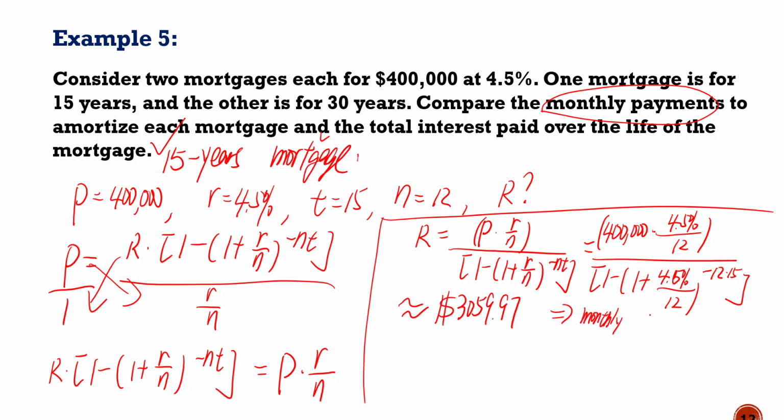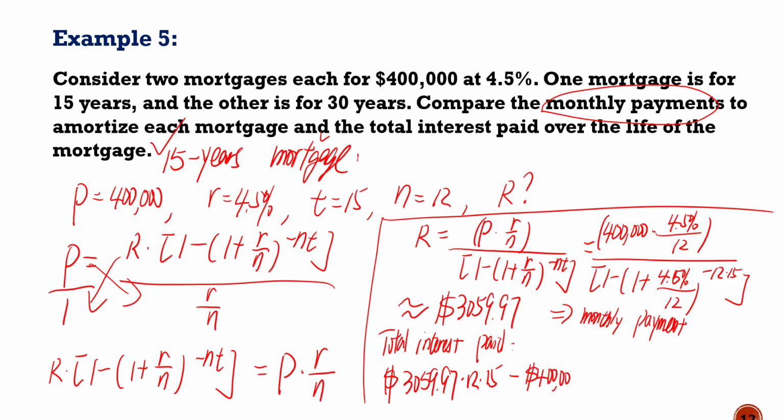And if you want to look at how much interest they pay to the bank, the total interest: remember, you only borrow $400,000, but on a monthly basis, you're paying $3,059.97, 12 times a year, for 15 years, right? So it's multiplied by 180 payments minus the $400,000 loan. And the difference is what we call the total interest paid.